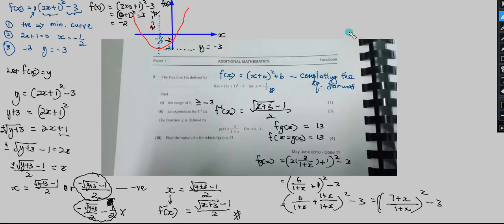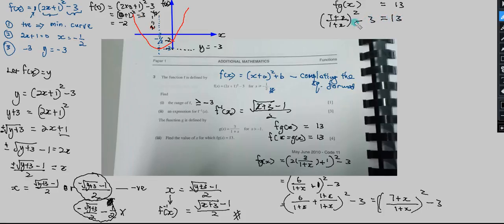13. So what I'm going to do is I'm going to take this f(g(x)) equal to 13. So f(g(x)) is actually 7 plus x over 1 plus x, this whole thing squared, minus 3, equal to 13.